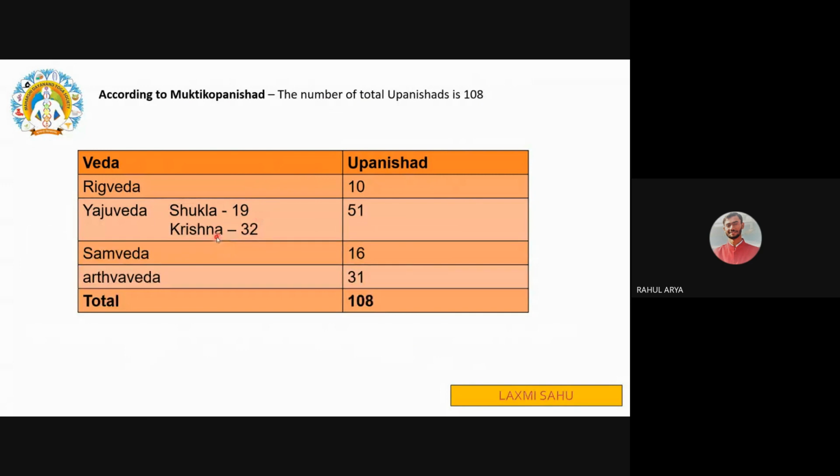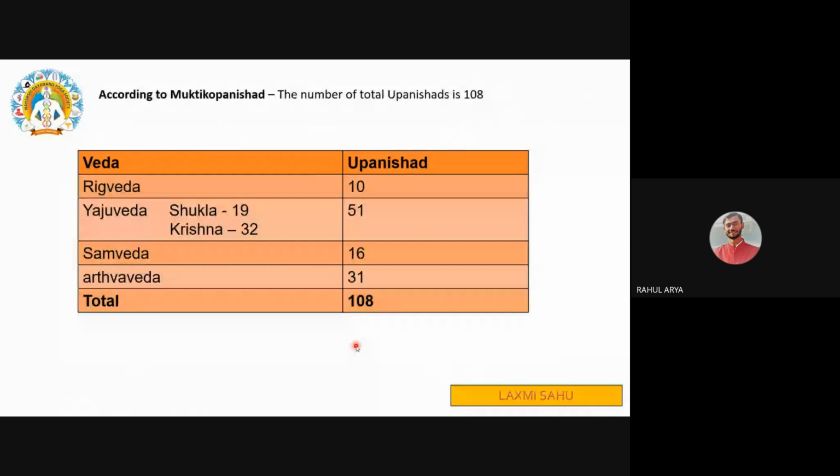Krishna Yajur Veda has 32 Upanishads. 16 Upanishads are related with the Sama Veda, and 31 Upanishads are related with the Atharva Veda. Accordingly, how many total Upanishads are there? 108.